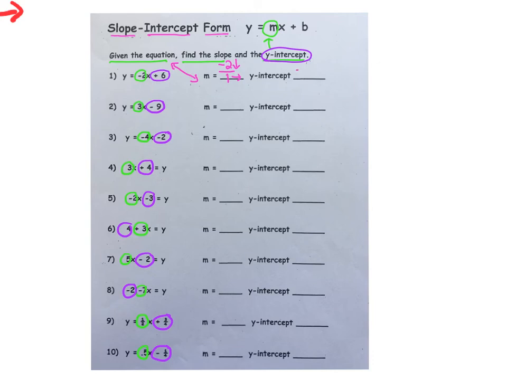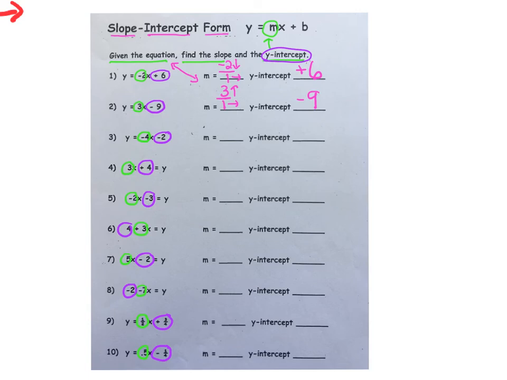And the intercept, well, our anchor intercept would be at a positive 6 on the y-axis. Let's continue on. Number 2, 3 over 1, which would mean up 3 to the right 1. Our anchor, negative 9 on the y-axis.